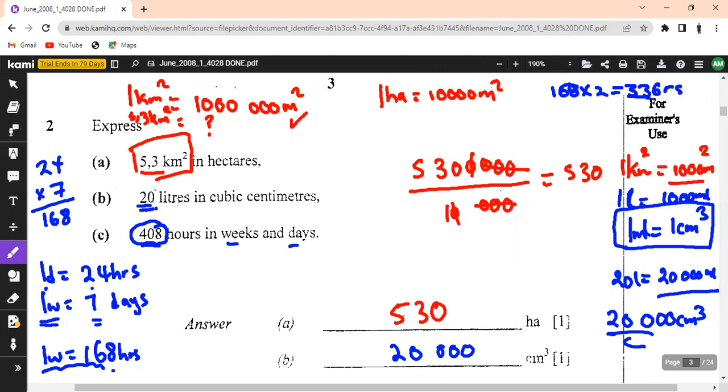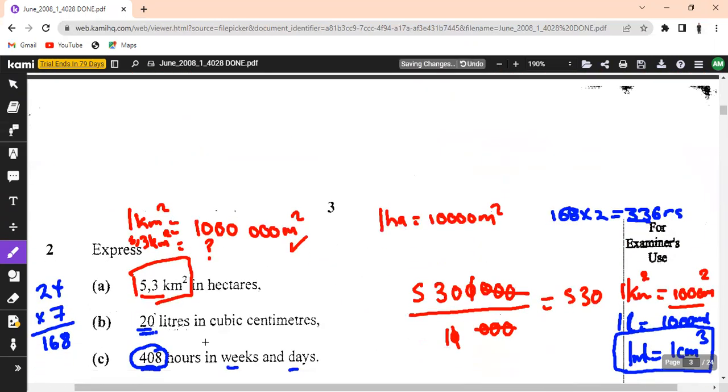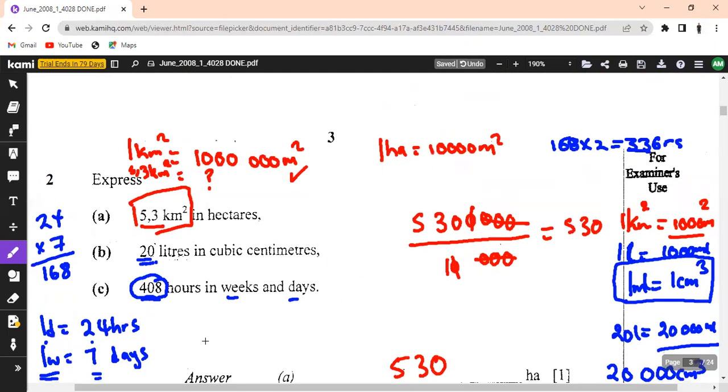So it means we are going to have 2 weeks there. From this, we are going to have 2 weeks. All right. And how many hours are going to remain? Because we have 336 hours so far. So 408 hours minus 336 hours, we are going to remain with 24.